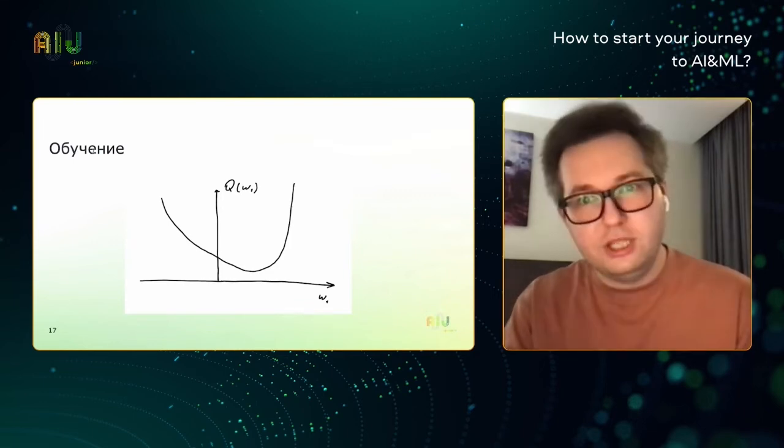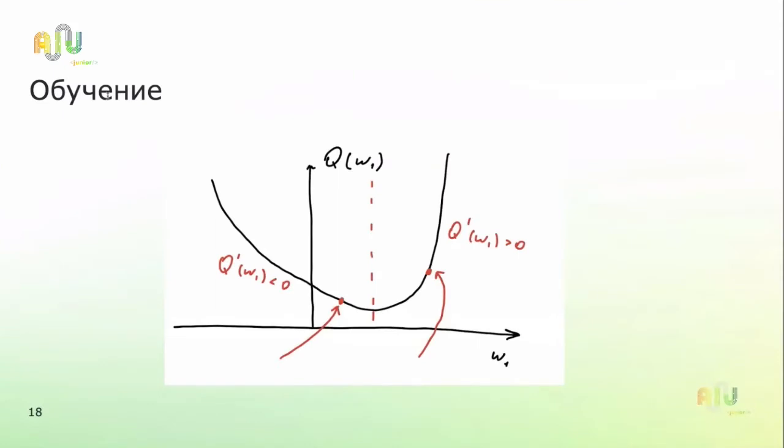Let us be based on the following idea. Probably you have already studied the concept of the derivative of a function. The derivative is an indicator of whether the function is growing or dropping at a point, and how strongly.